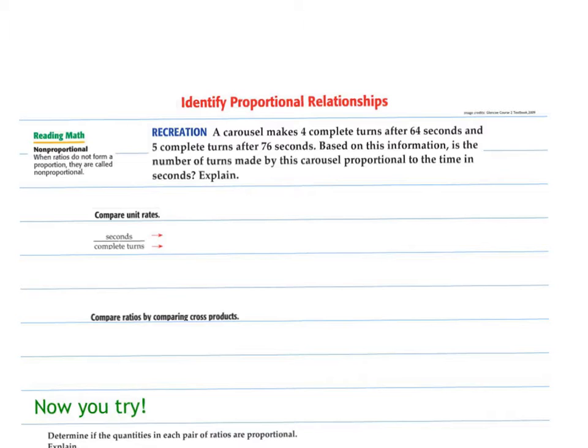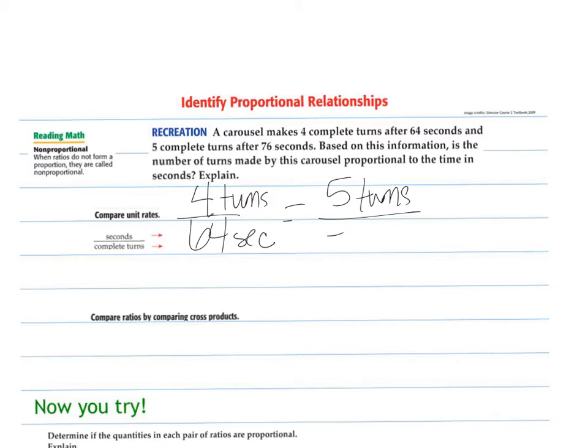Meaning, is it making the same amount of turns in 64 seconds as it should be in 76? Do they have the same rate going on? So I'm going to set these up as 2 different rates. We have 4 turns in 64 seconds, and we want to know if it's equal to 5 turns in 76 seconds.